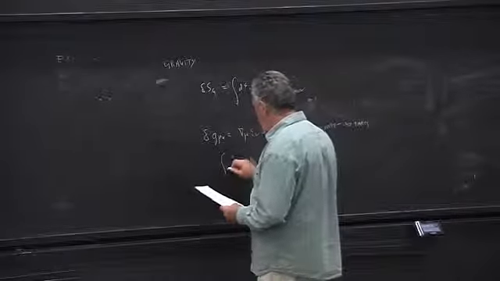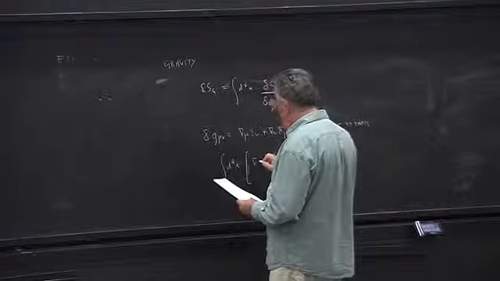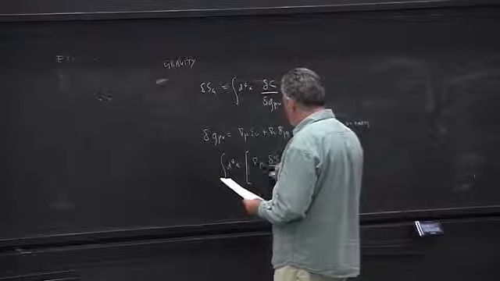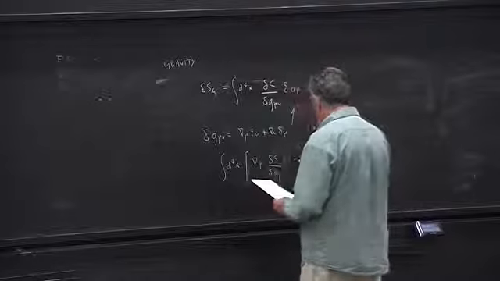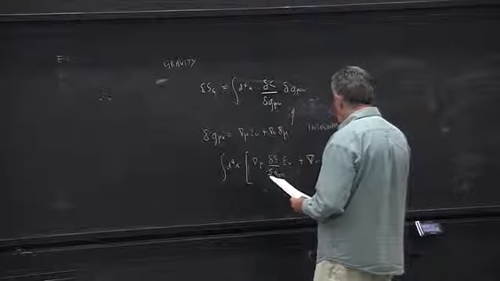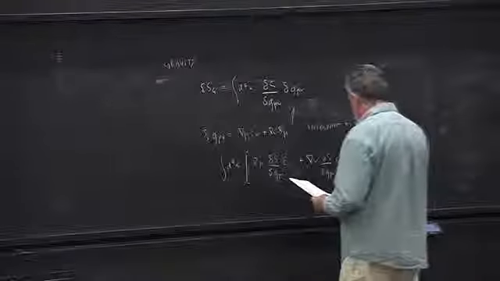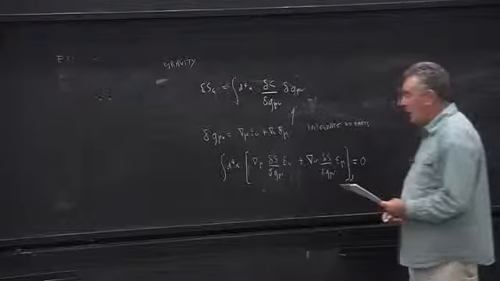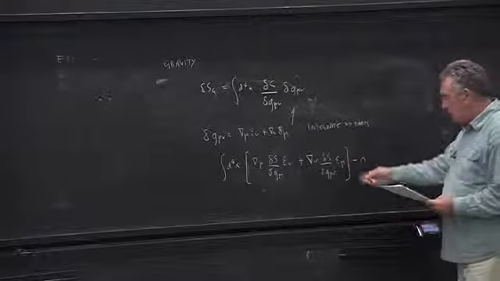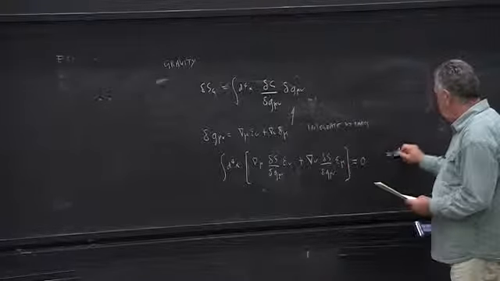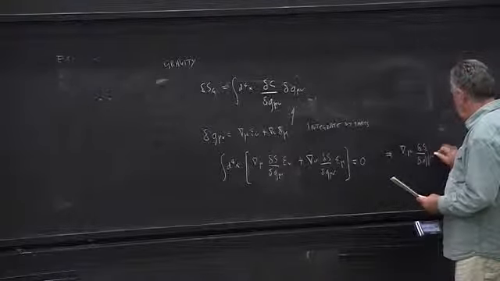And we find that the integral d4x of the covariant derivative of delta S over delta g mu nu times epsilon nu, plus grad nu delta S over delta g mu nu times epsilon mu, is 0 if the action is generally covariant. And since epsilon is arbitrary, this means that grad mu delta S over delta g mu nu is equal to 0.